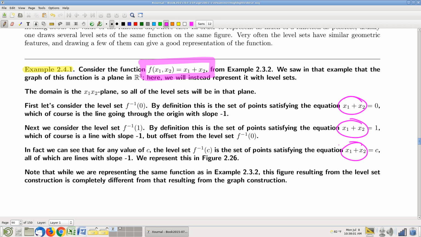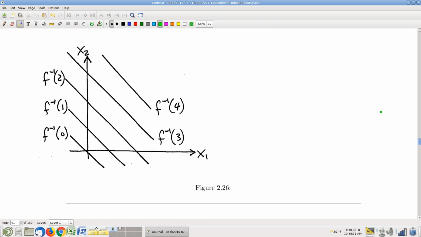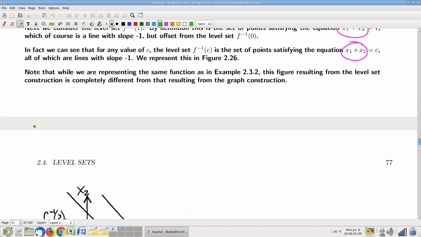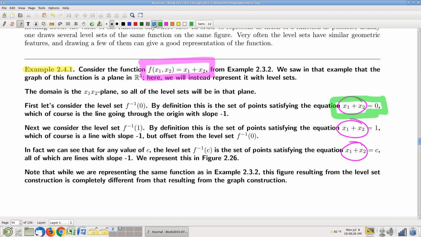It's what we get when we set the value of the function equal to different constants. So if you set it equal to 0, what do you get there? You get a line. That is the level set where the output value is 0, or said differently, that is the pre-image of 0, or f inverse of 0. What if we look at the level set where we set the function equal to 1?